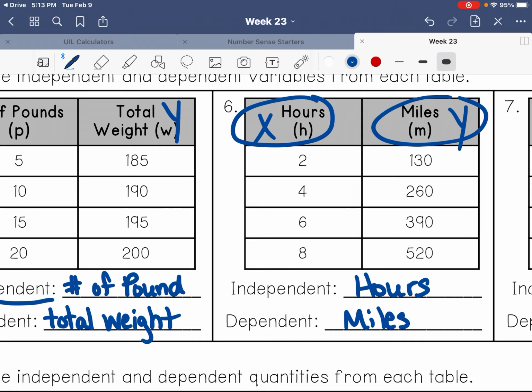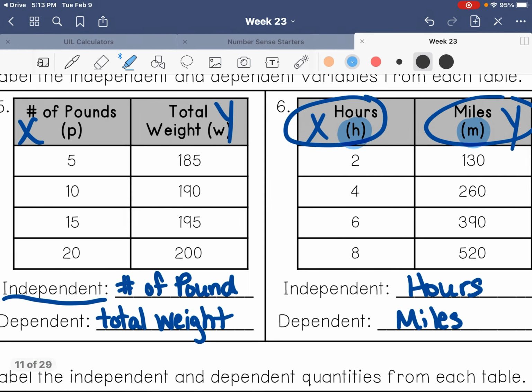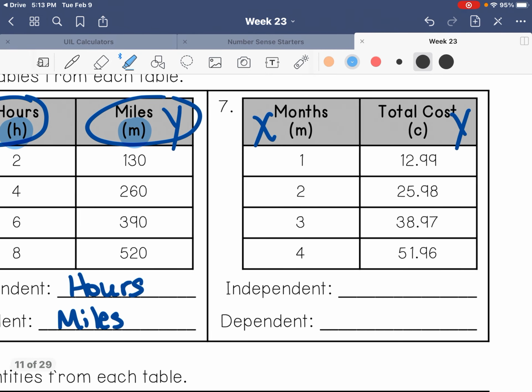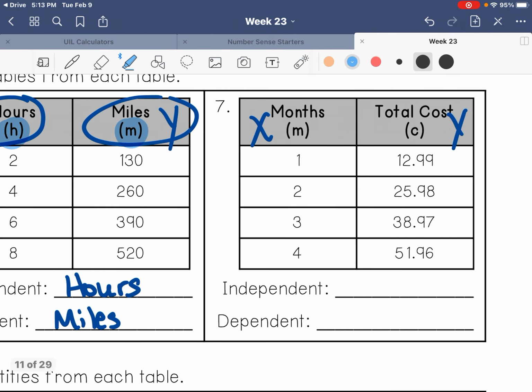X will be independent, y will be dependent. Even though here you can see they're calling it H and M, and here they're calling it P and W. It doesn't matter. They can change the x to another letter, but if it's on the left side of the table, then it's still the independent quantity.